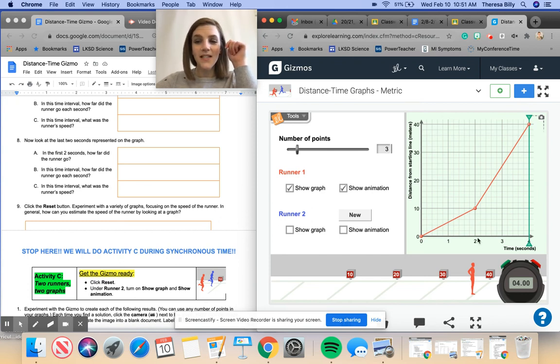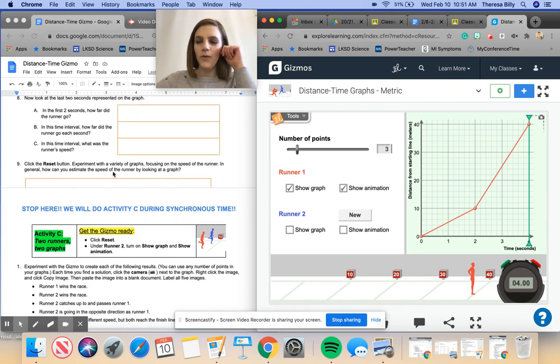They didn't start at 0 meters. They started at 10 meters and then they traveled to 40 meters in those last 2 seconds. So the total distance is just 10, 20, 30 meters. Total distance is 30 meters, not 40. And the time, again, is 2 seconds. It's just this last part of the graph there. Okay, so use that to help you with question number 8.